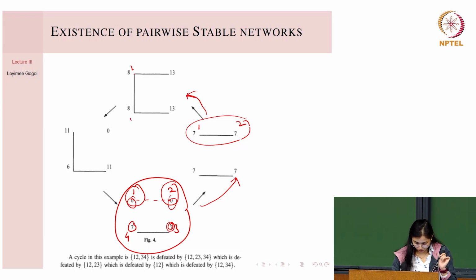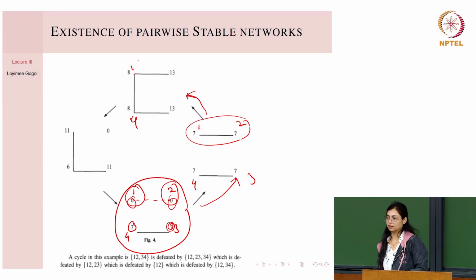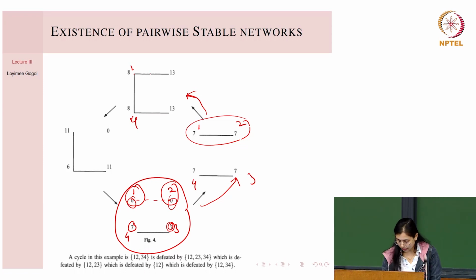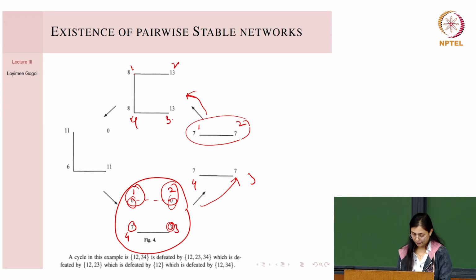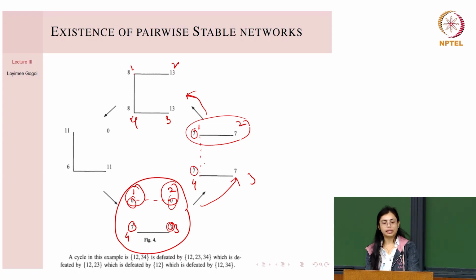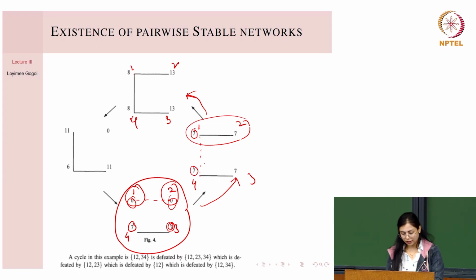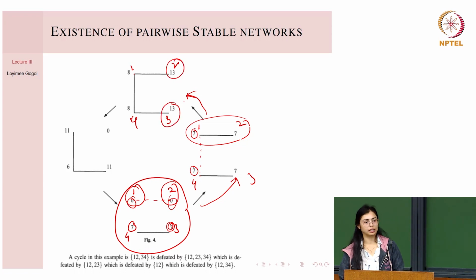Now, this is 1, 2, 3, 4. Say 1 and 4 form a link. The 1-2 link is already there, and the 3-4 link is there. If the 1-4 link is formed in this network, their allocation was 7, 7, but now they are getting 8, 8, and agent 2 is getting 3, agent 3 is getting 13.